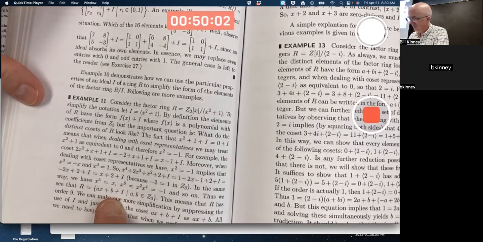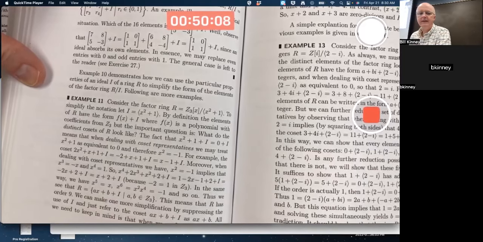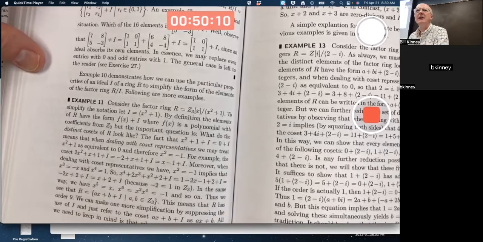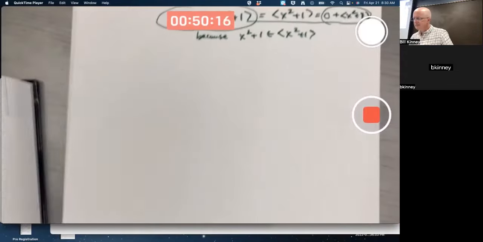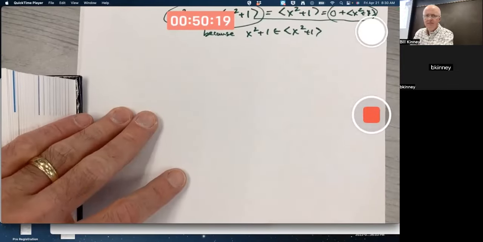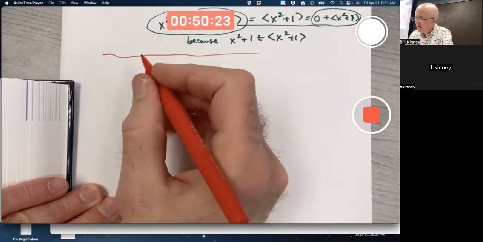I think it's probably worthwhile, and this will be the last thing we do with this example, and then we'll do a little bit more before we end today. Well, maybe we should try to find the multiplicative inverse of some element. I put problems like this on exams before.